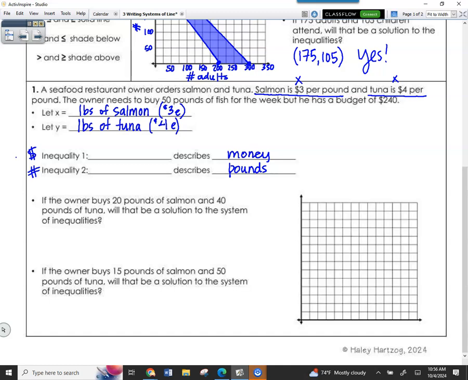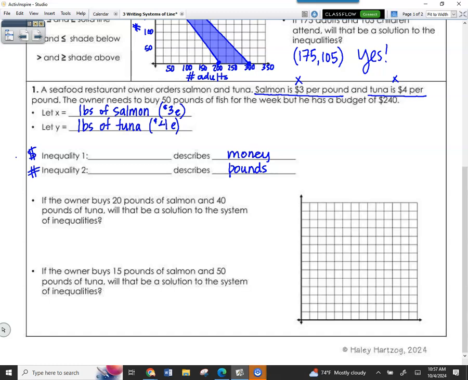Yes. What else could he get? More. If he gets less than 50, has he met the requirement of needing 50?